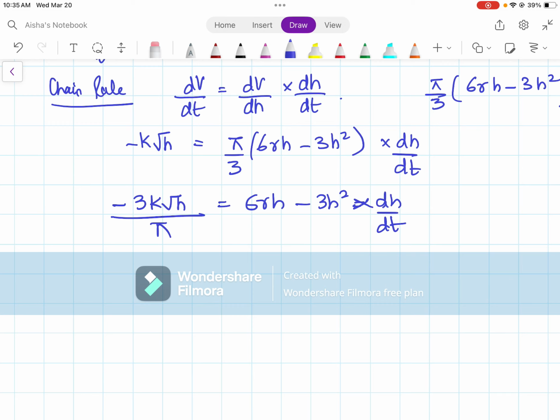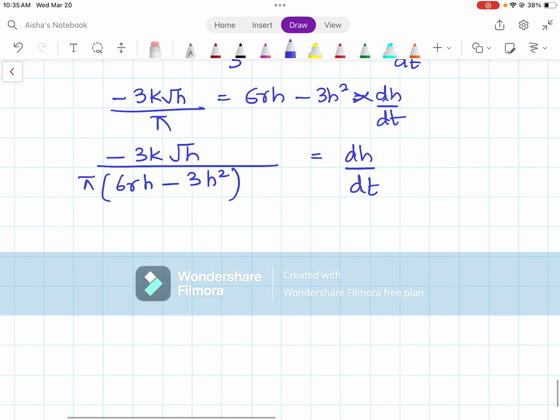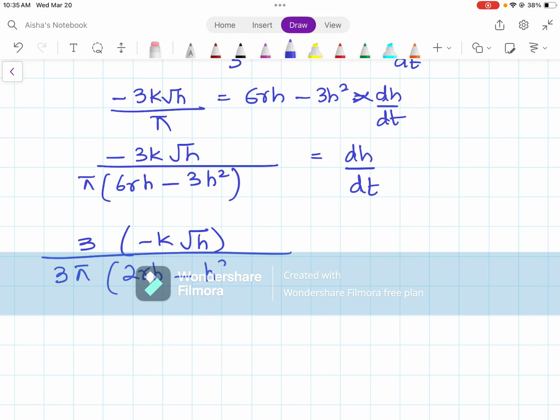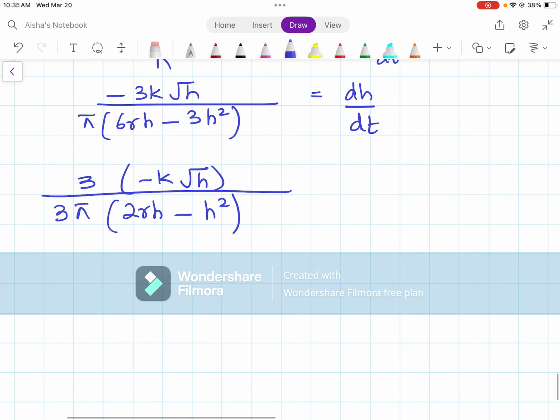We will take this entire thing to the other side. Simplification is a problem now. Let's take 3 common out. I will also take root h common out.